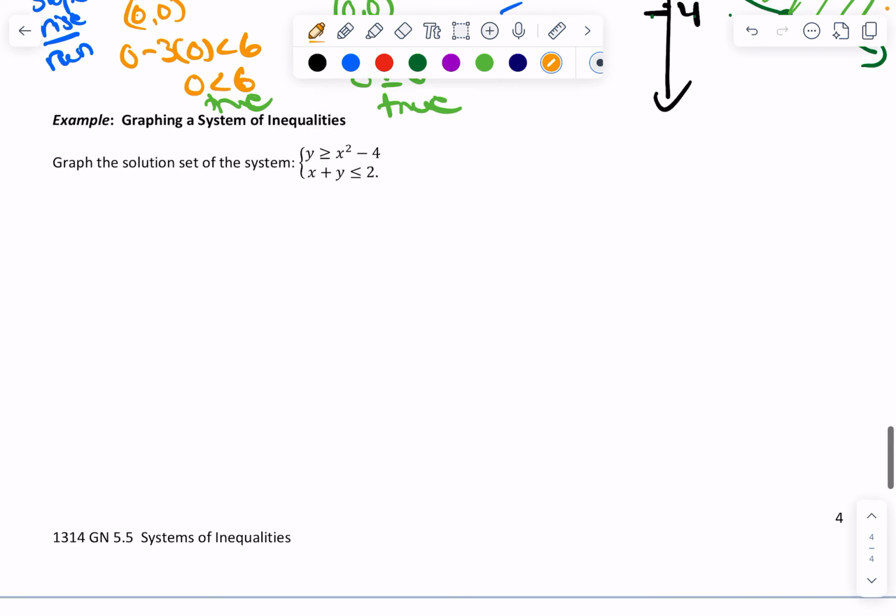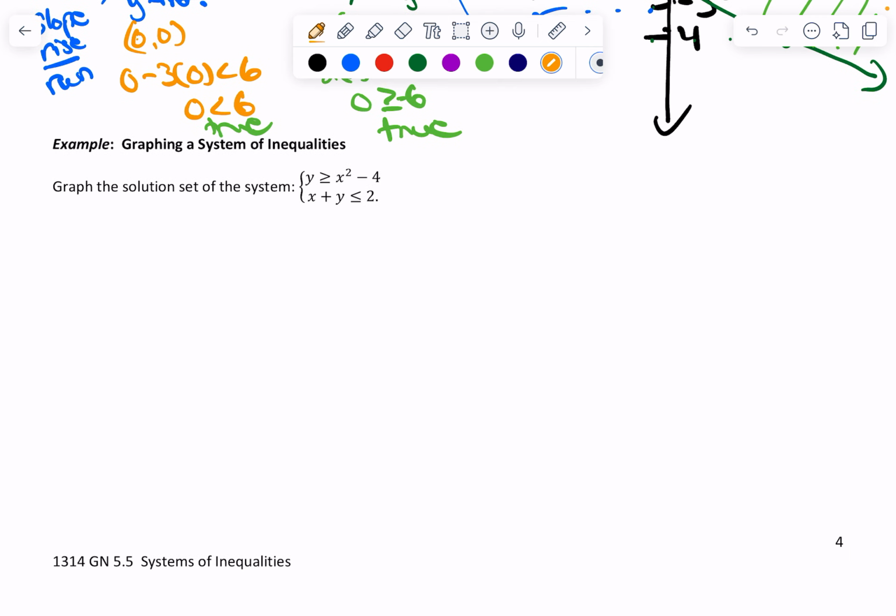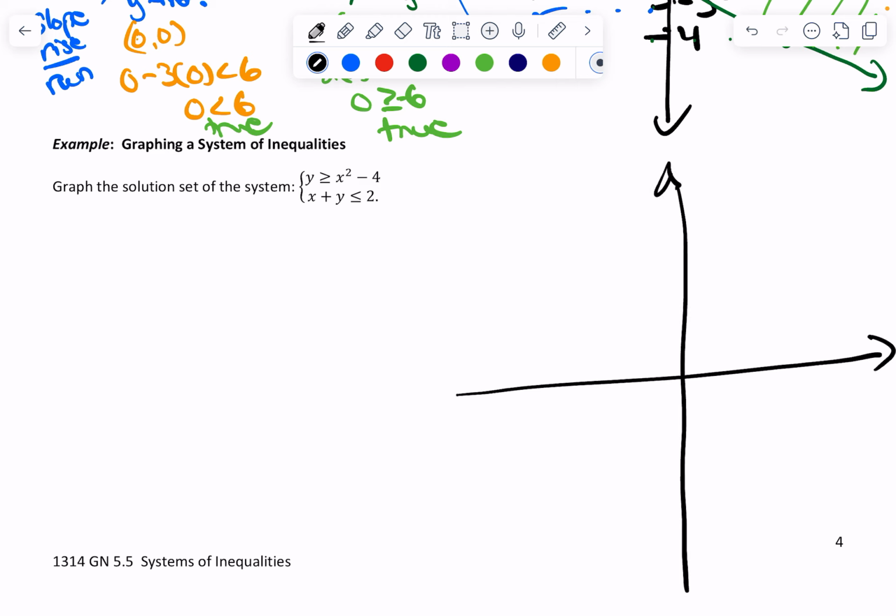Okay, let's look at this next one. We need a coordinate system again. 1, 2, 3, 4. 1, 2, 3, 4. Those are negatives. These are positives.